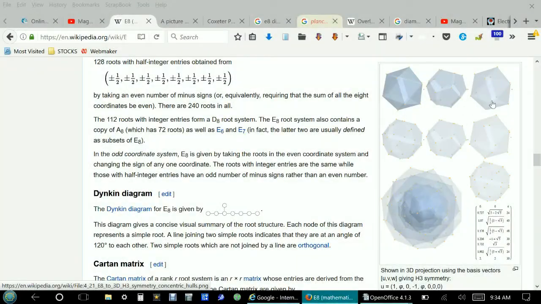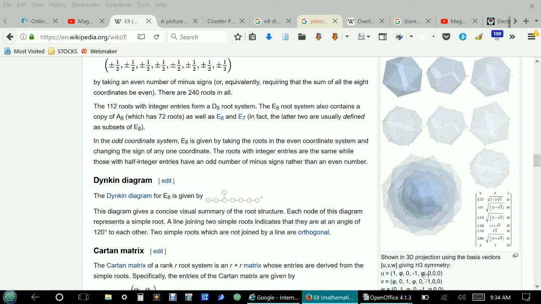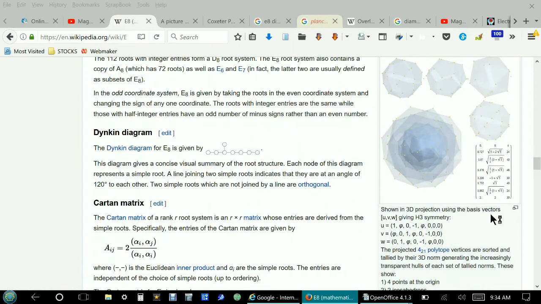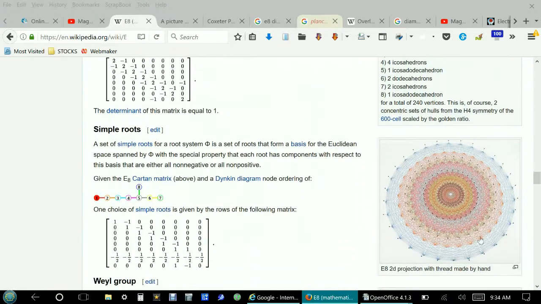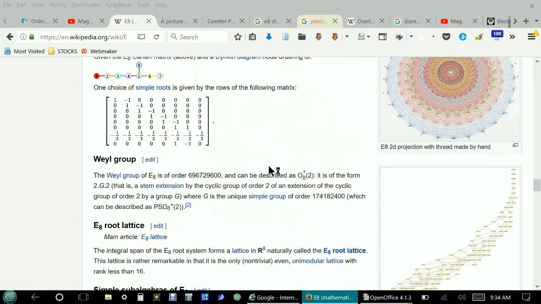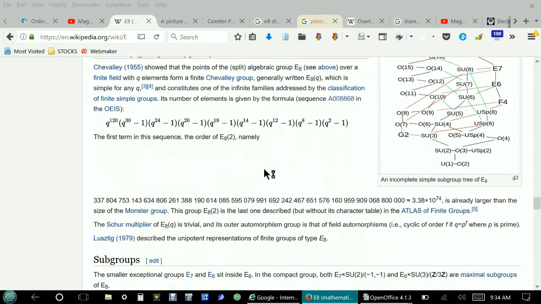So here's another diagram on the Wikipedia page. This is a 3D projection using the basis vectors having H3 symmetry. And again, can you see the permutations going on there? And that's 8-dimensional flat surfaces interacting. Again, a torus effect.